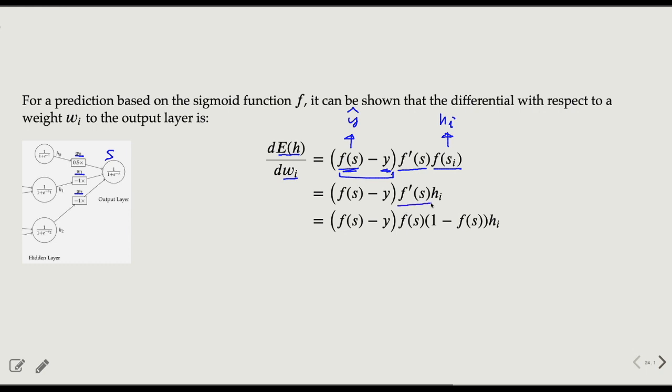What about the derivative of F(S)? The first derivative F prime(S) can be computed as F(S) times 1 minus F(S). And we already know F(S) based on our prediction, since F(S) is our predicted value, which we can compute.